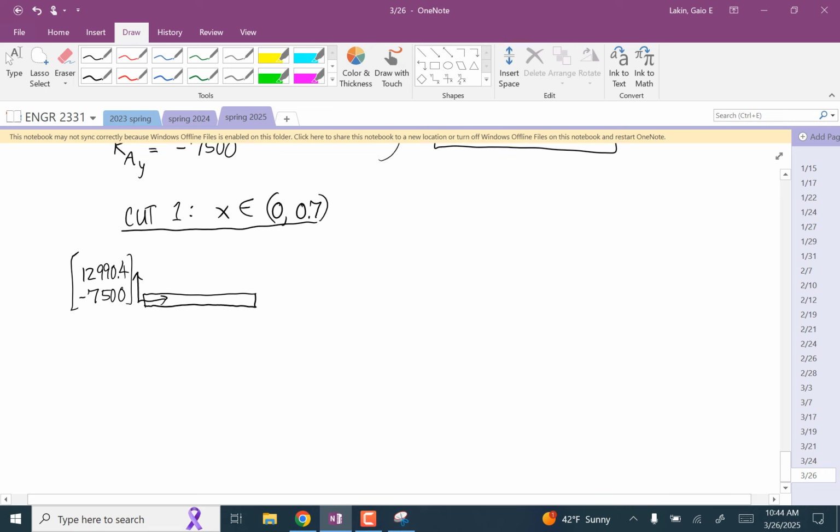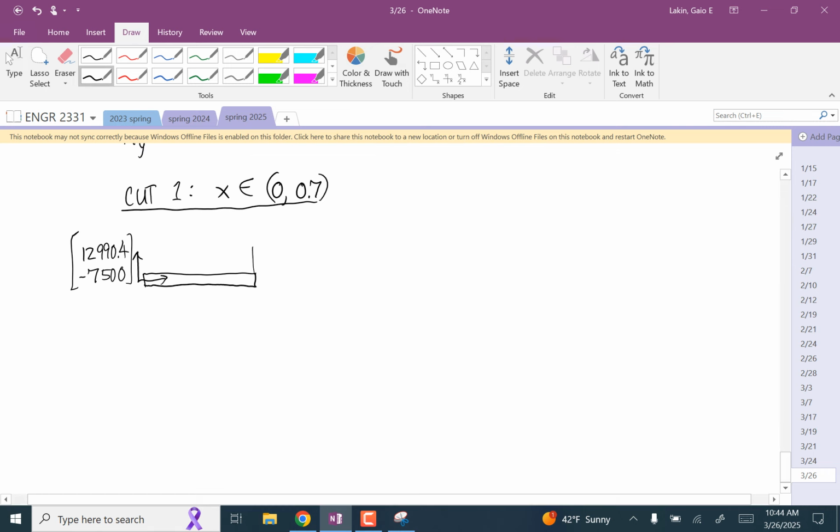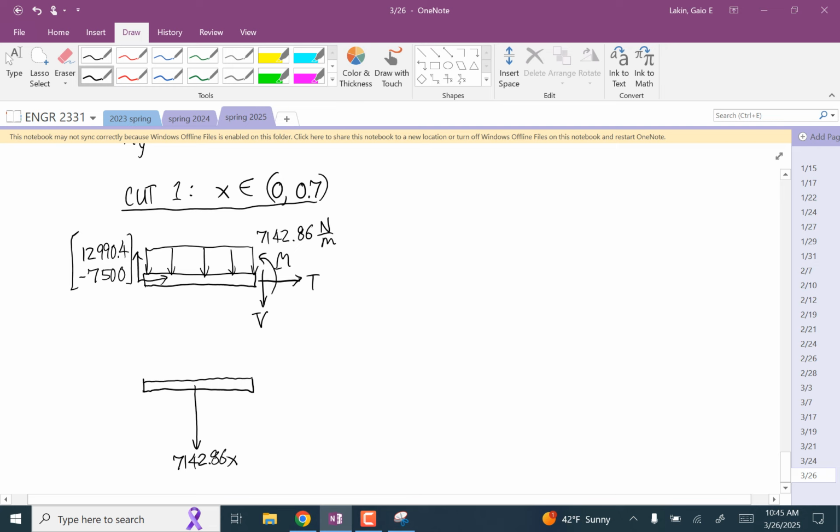So that's a distributed load of 7,142.86 newtons per meter. And so now I can redraw this, and that weight force is at the middle, and it has a magnitude of 7142.86x.